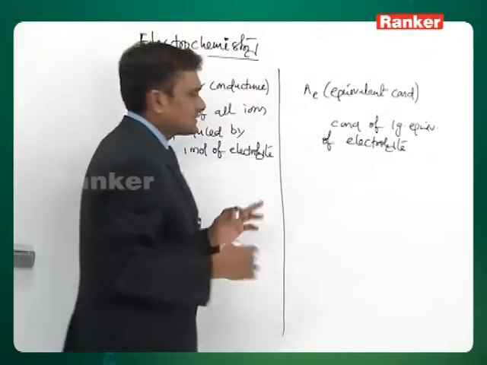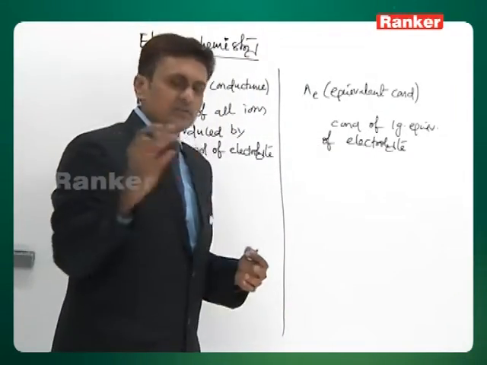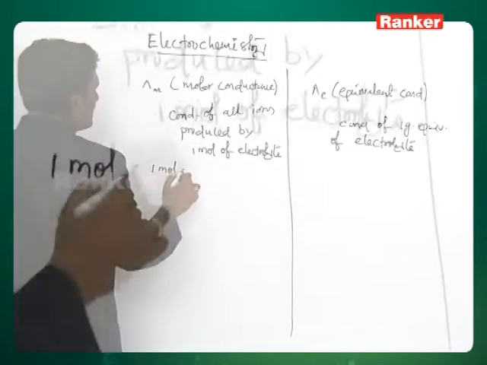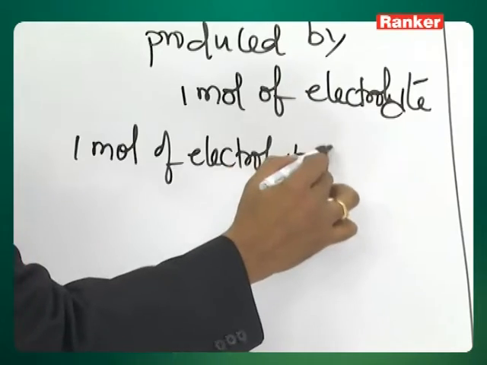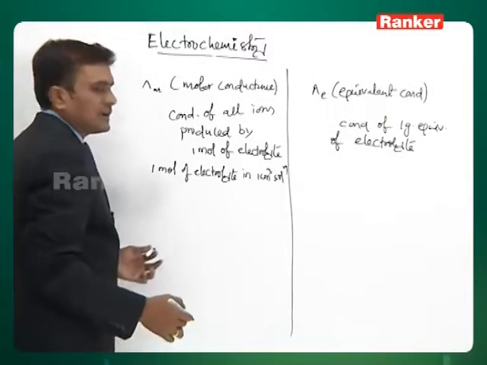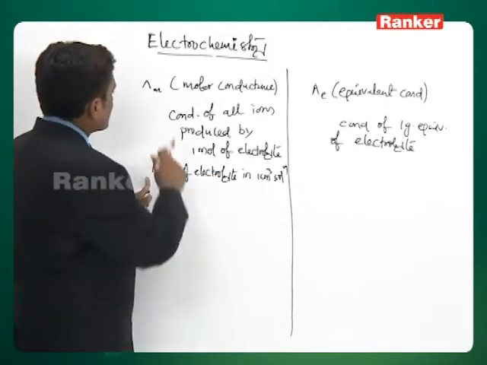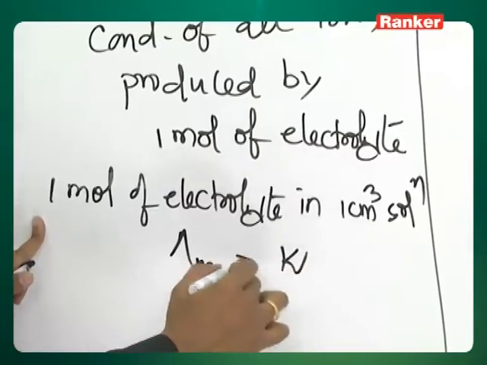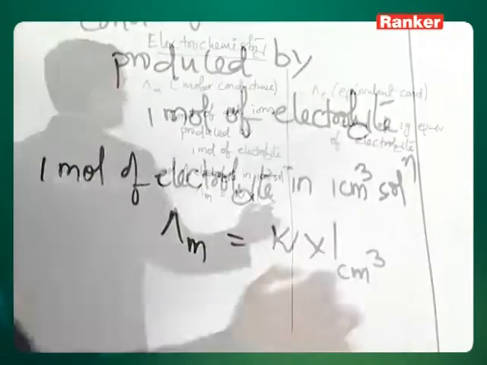Now to understand the basic difference between these two, I will take 1 mole of electrolyte in 1 centimeter cube solution. I have taken 1 mole of electrolyte in 1 ml of solution. Since I have taken 1 mole, I call it lambda m, and since I have taken 1 centimeter cube, I call it K. Now I will write it as K into 1 centimeter cube.